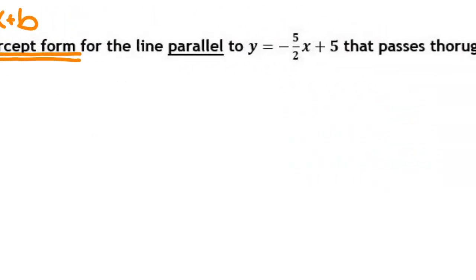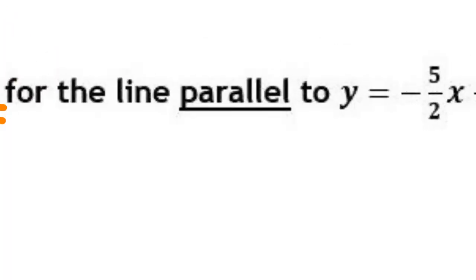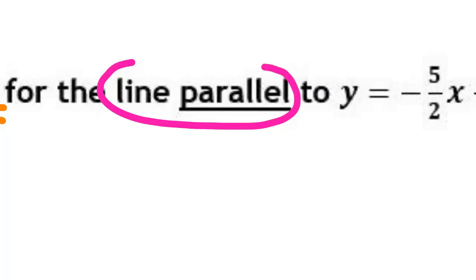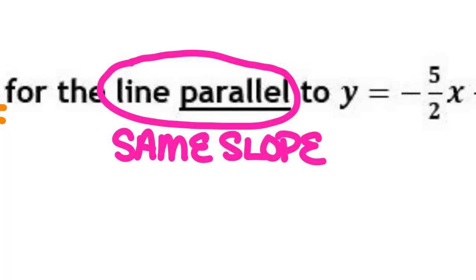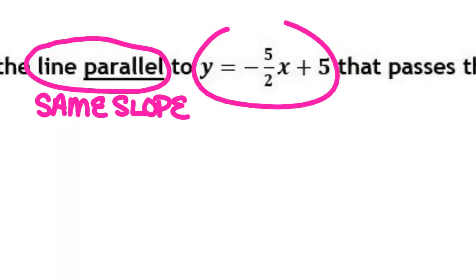We want to find the equation of the line that is parallel. Tell me about the slope of parallel lines. Same slope. We want it to be parallel to this line right here. Which number in this equation is the slope?